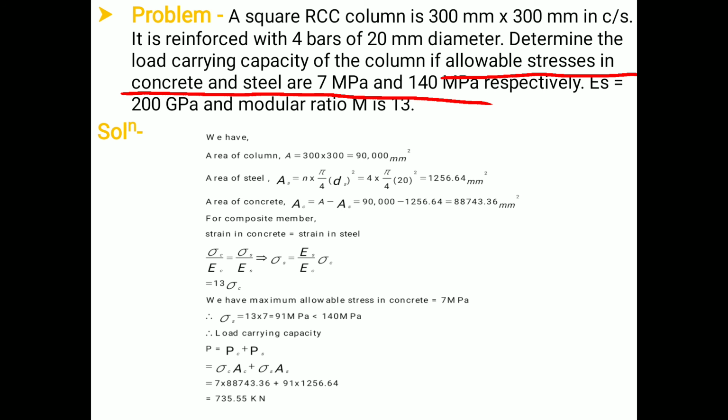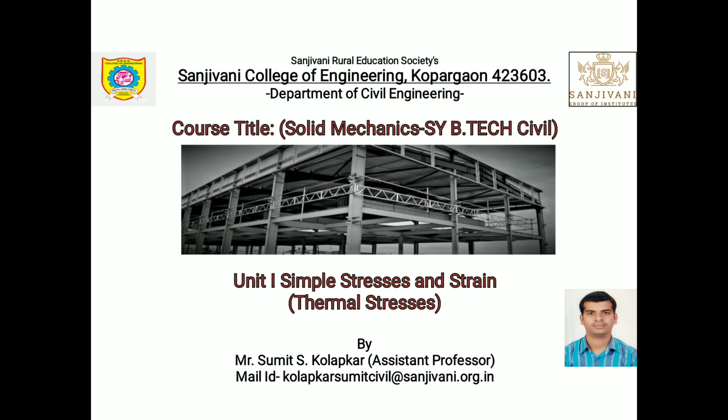We determined the total load carrying capacity of the column using the key concept that the strain in member 1 equals the strain in member 2, and that the total load is shared by materials 1 and 2. We will stop here. In the next lecture we will discuss the concept of thermal stress. Thank you.